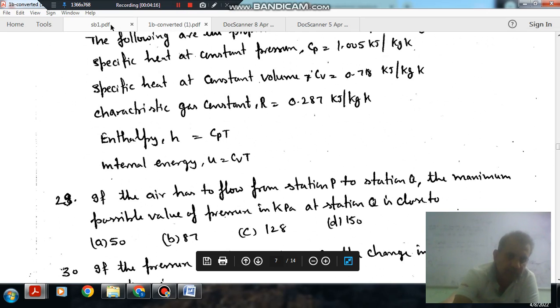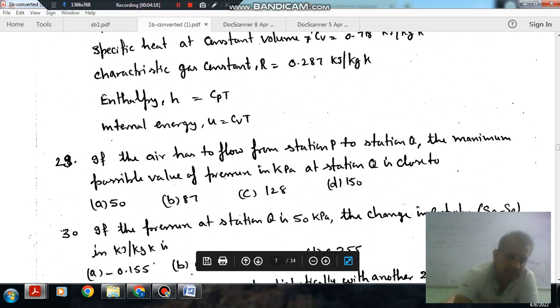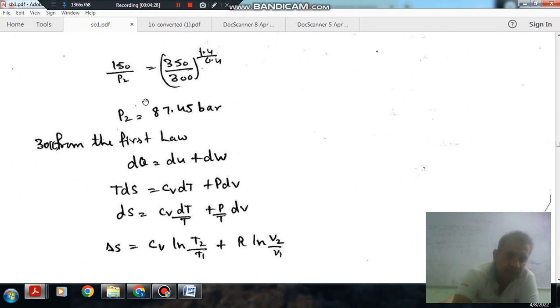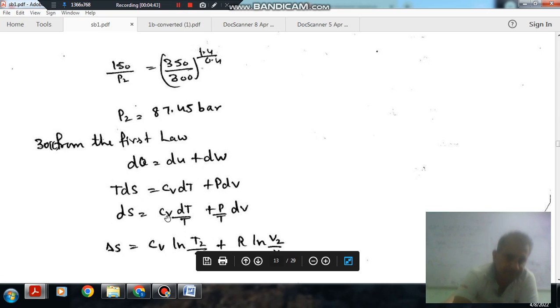Now in the second question, the change in entropy between P and Q has been asked, or SQ minus SP. From the first law we have dq is equal to du plus dw, and this dq is your TdS for a reversible process, du is your Cv dT, and this dw is your P dV. If we divide it by T, then it will be ds equals Cv dT by T plus P by T dV.